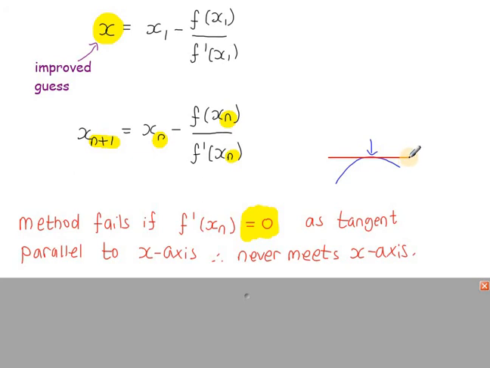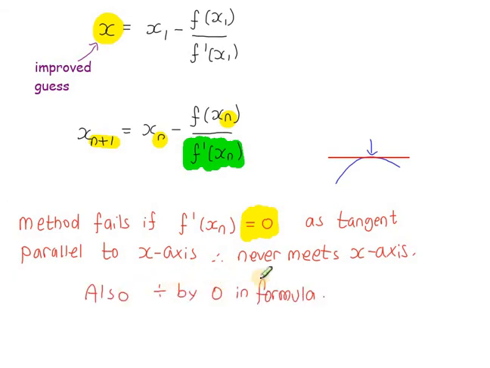The method relies on the tangent intersecting the x-axis. That's one of the reasons. The other reason is that if f dash x is 0, then you're dividing by 0 in this fraction, which you can't do. It gives you something that's undefined. So you're also dividing by 0 in the formula.